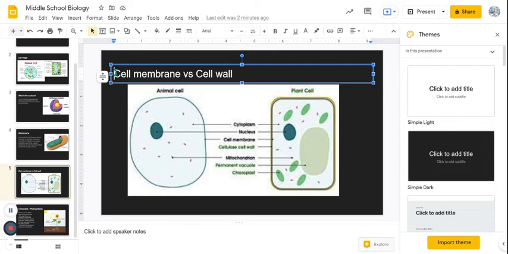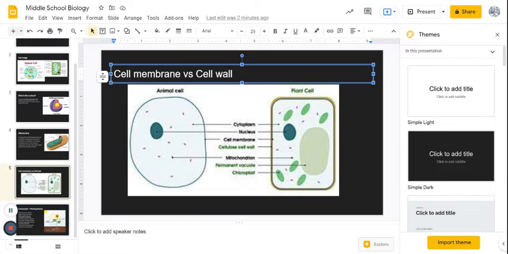Okay. Now you might be wondering what's the difference between a cell membrane and a cell wall. Cell membrane and cell wall have the same purpose, which is to defend against foreign substances that can damage the cell. Now the difference between them is that the cell membrane doesn't have a definite shape, but a cell wall is more rigid.